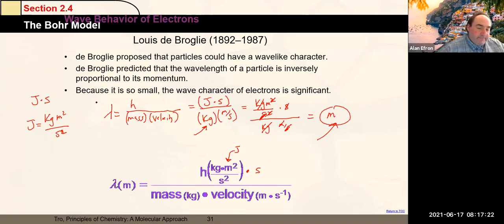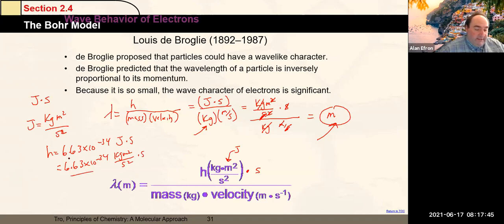So the good news is h is 6.63 times 10 to the minus 34 joules times seconds. And if you do that conversion, the number doesn't change. It's still 6.63 times 10 to the minus 34 kilograms meter squared per second squared times seconds. So they're the same.